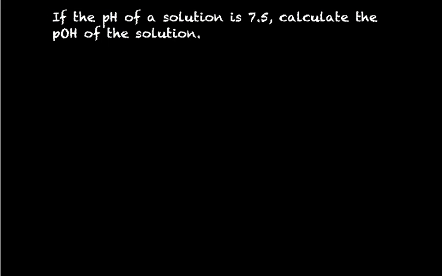Okay, just like the problem above, except this time we're calculating the pOH. So, if the pH of a solution is 7.5, calculate the pOH of the solution. We start with our equation. The pH plus pOH should equal 14. We're given pH, which is 7.5.